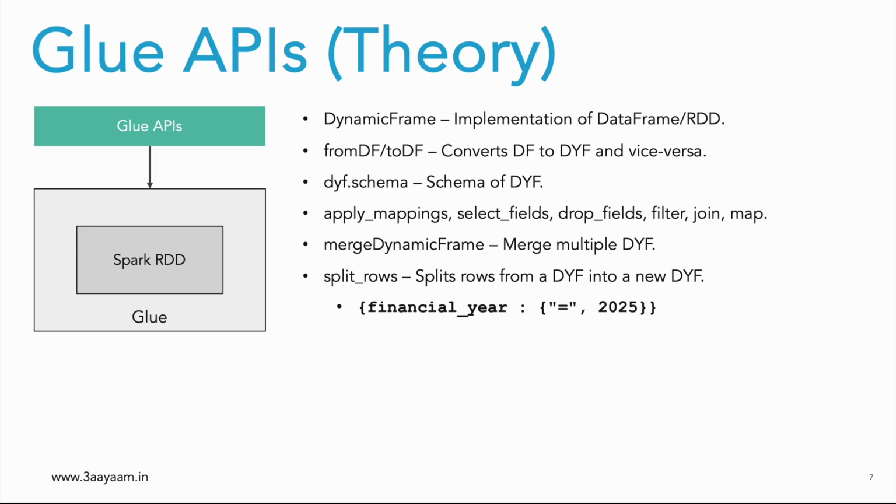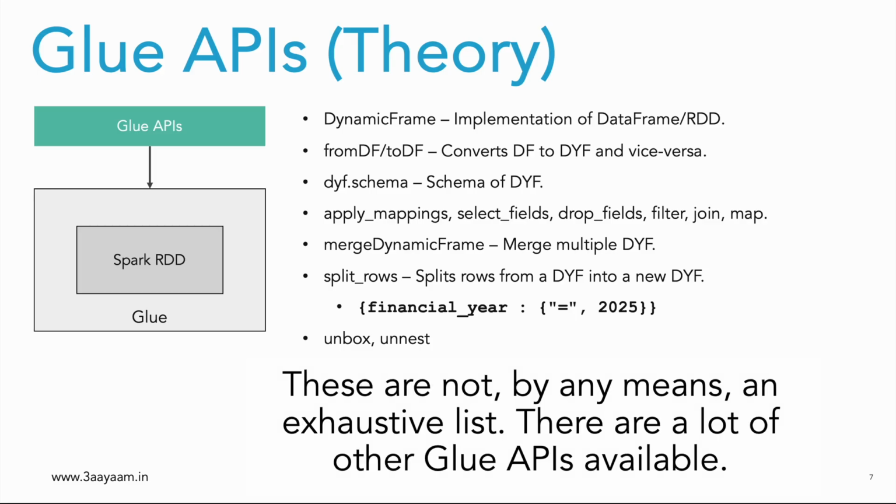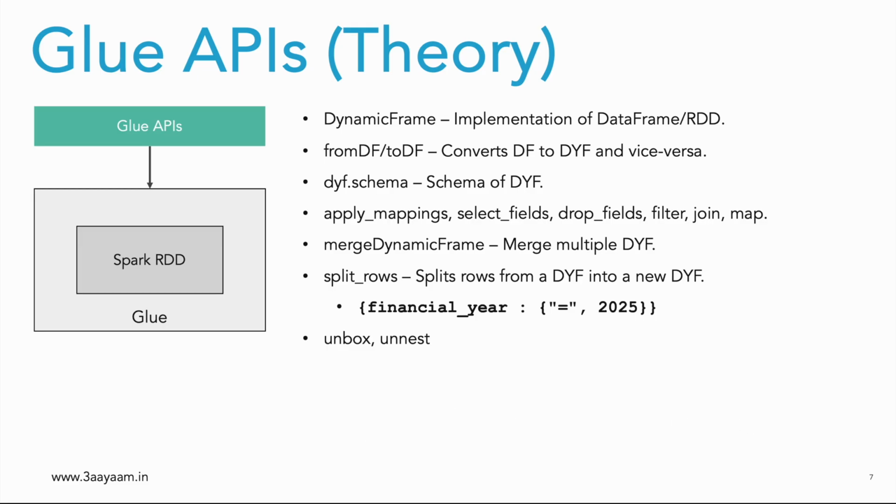Now you see the syntax is something like this and it is not very intuitive. The Glue API syntax is not that user friendly, unlike Spark or DataFrame, which are very much user friendly. There are other APIs like Unbox, Unnest, etc. So these are various APIs which are provided by Glue. And if you choose to learn Glue scripting, you can use these APIs. But my recommendation would be to use PySpark itself in Glue because you are already familiar with PySpark.